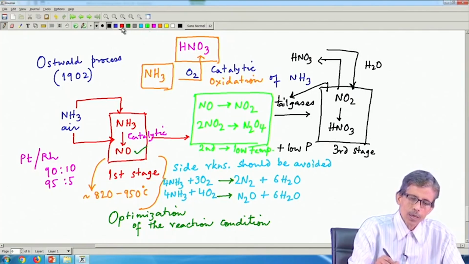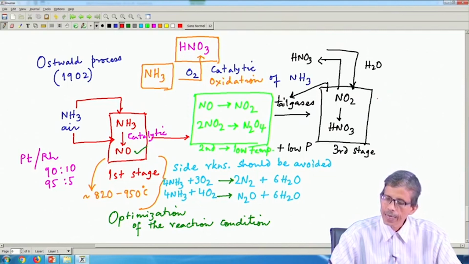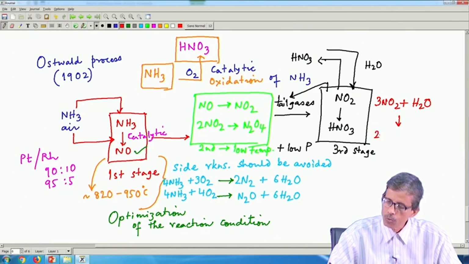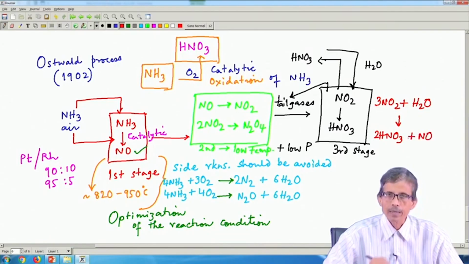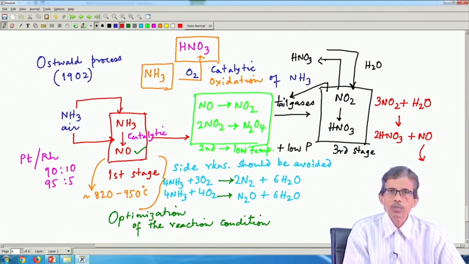In this particular reaction, what is happening is that 3 NO2 is reacting with H2O, forming 2 moles of nitric acid and 1 NO back, which can be recycled back to this particular step.